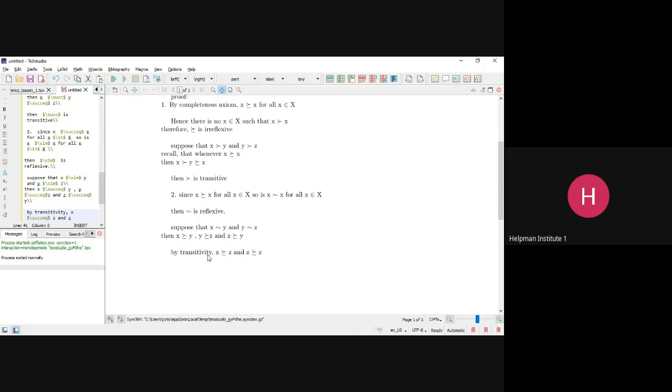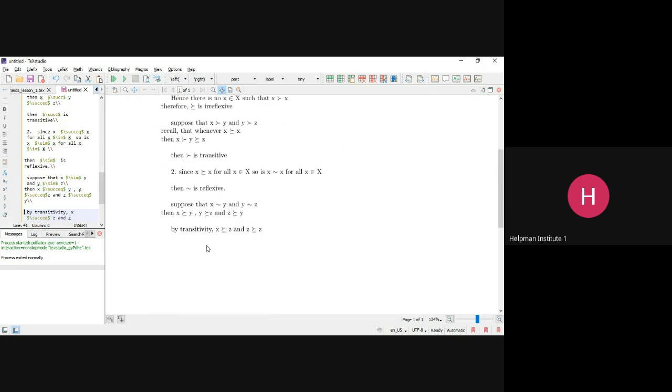So I can say by transitivity, X is at least as good as X, and what? Sorry, this should be X. Look at it clearly again.